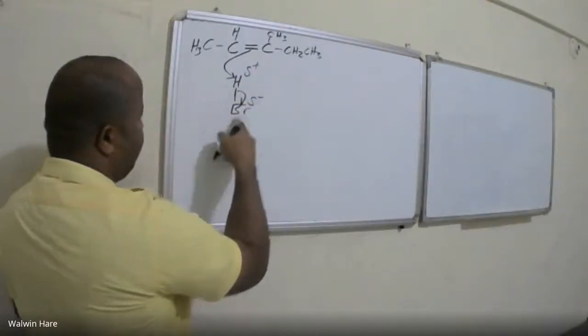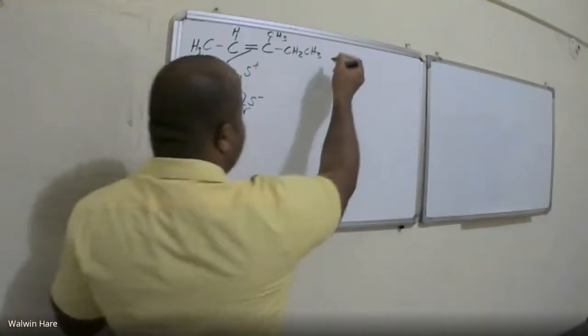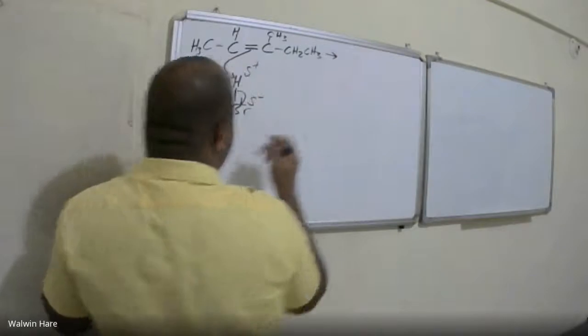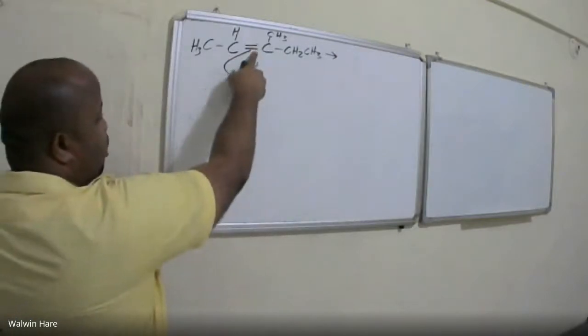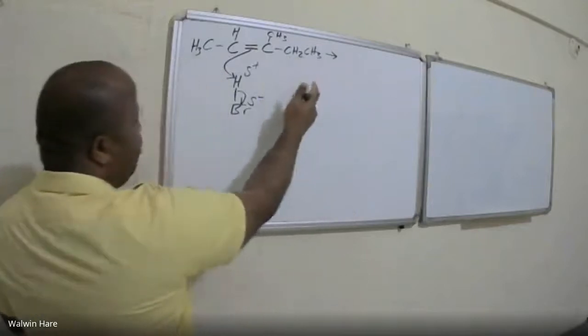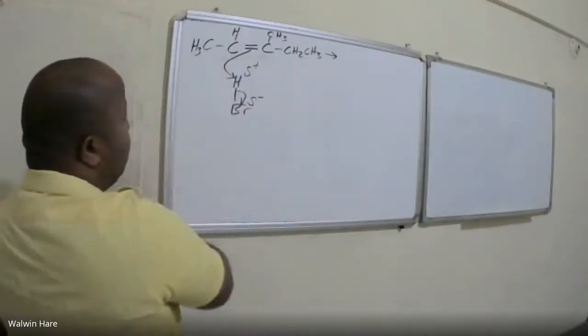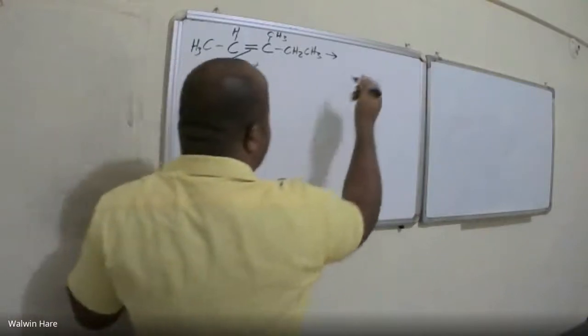So bromine gets the two electrons from the bond. And so now the carbon to carbon double bond is broken. I'm not going to draw the full structures out here, I'm just going to focus on the carbon to carbon double bond.